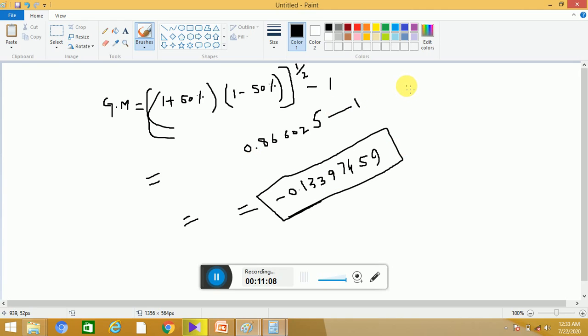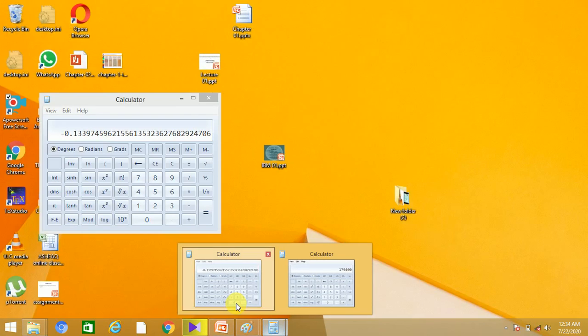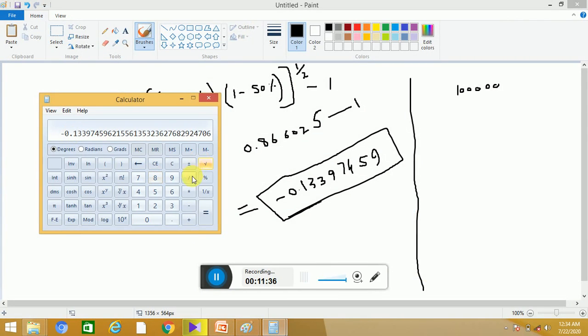Now see, keep this in mind. What was our initial amount? It was $100,000. So when there is a loss of 0.13397459, now we will calculate the amount by multiplying this by 100,000.